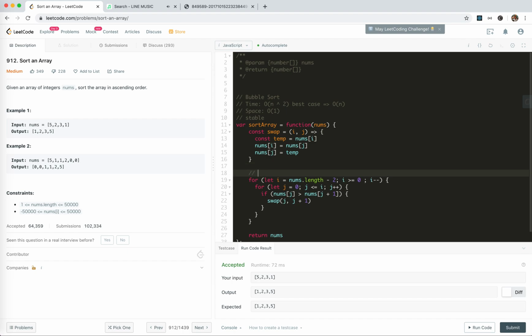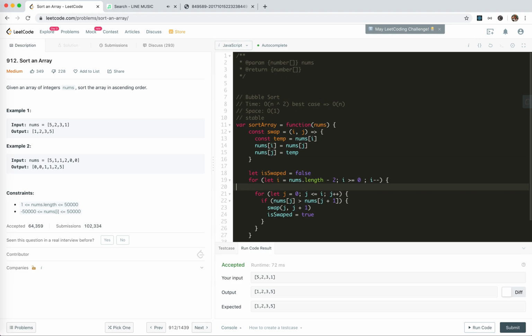Well, we could keep a flag like let isSwapped be false. And if we swap something, we set it to true. And for the first round, right?